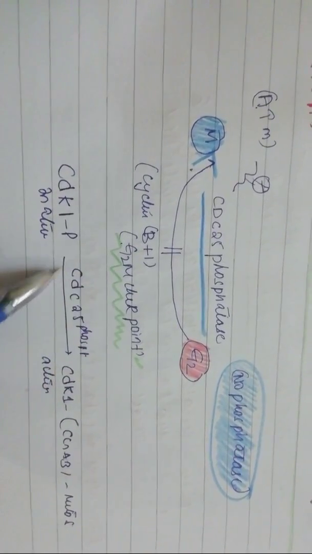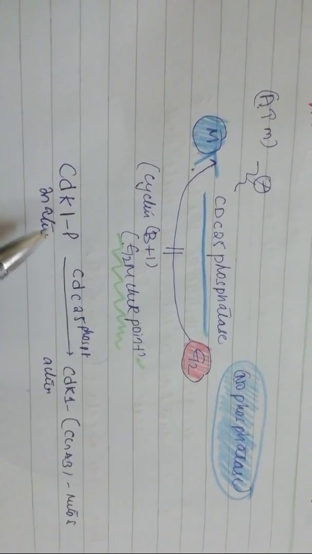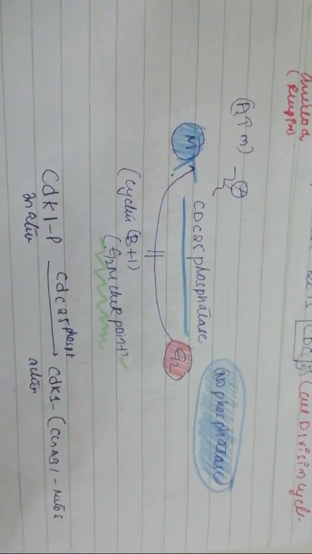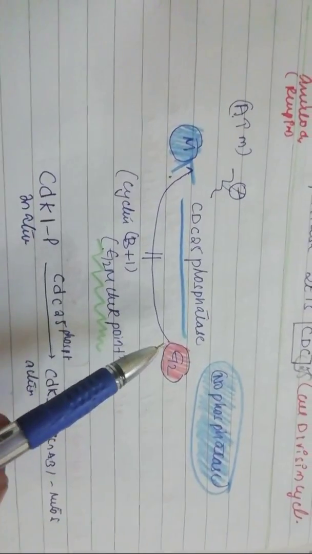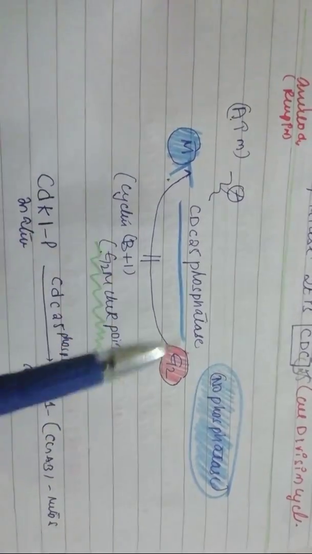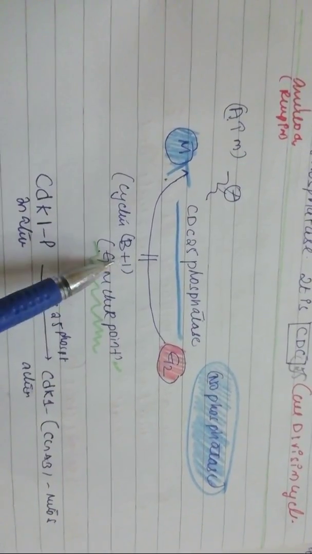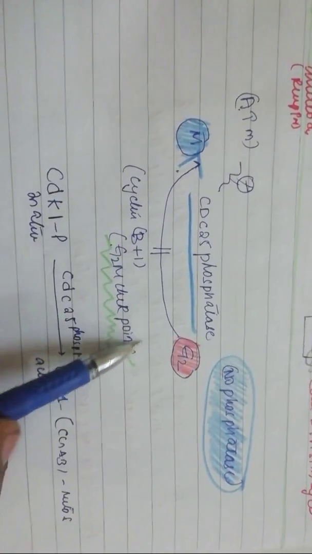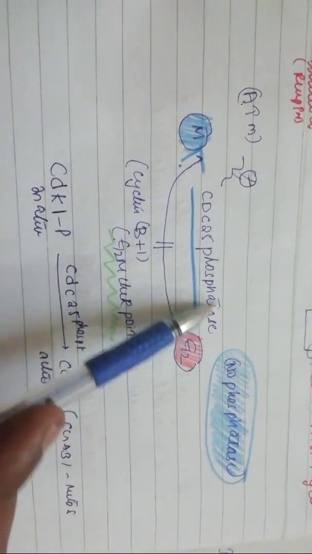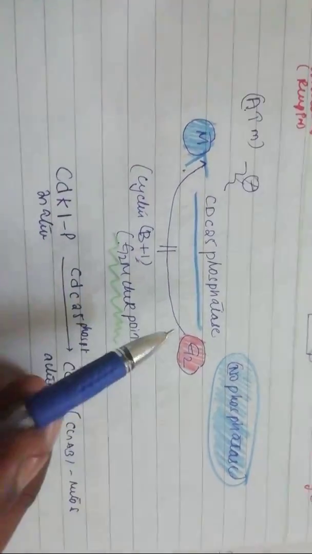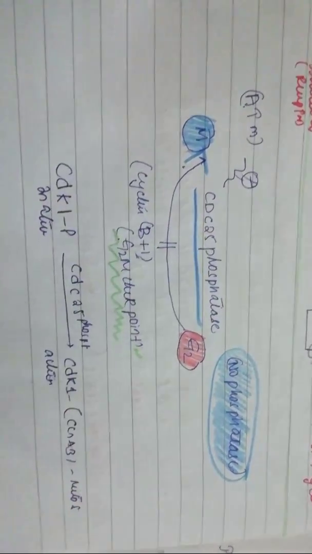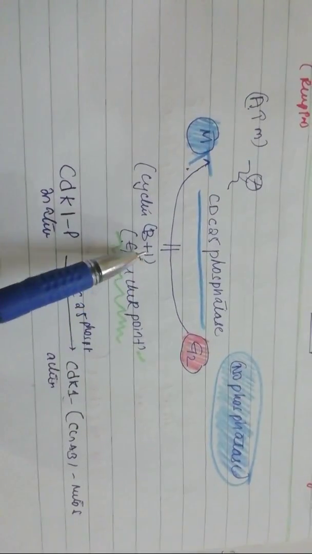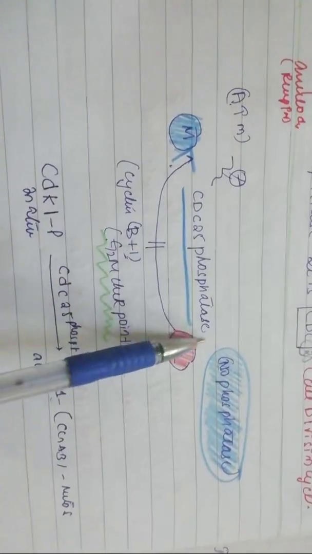For moving from G2 to M phase, you need cyclin B and CDK1. This is the G2M checkpoint. This enzyme plays a very important role in the formation of active CDK1, because CDC25 phosphatase converts the inactive CDK1 to active CDK1.